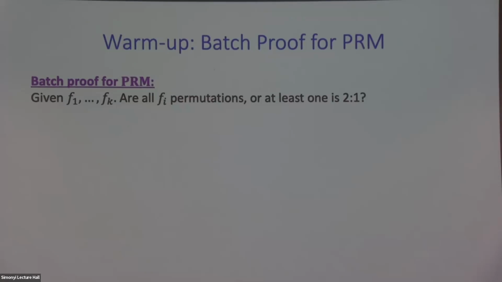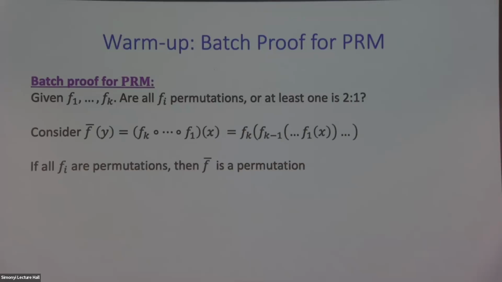And if you think about it for 10 or fewer seconds, you realize that there's a very easy solution to this problem, which is just to compose all of the functions, right? If all of them were permutations, then this composed function will still be a permutation. If at least one of them was 2 to 1, then this function will be 2 to 1 or even worse, will be very lossy.